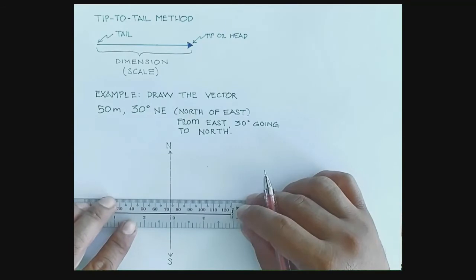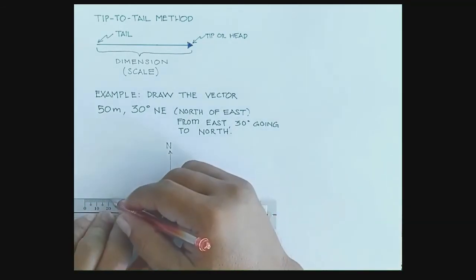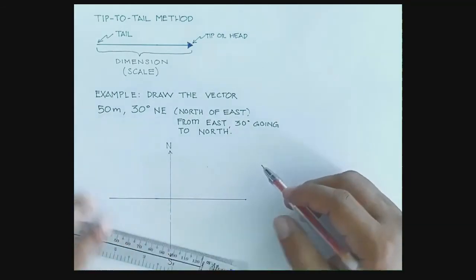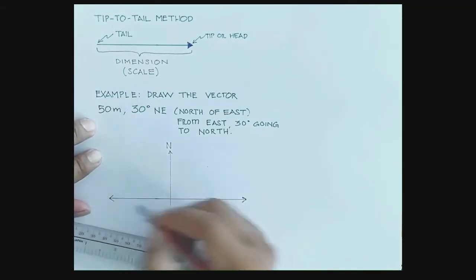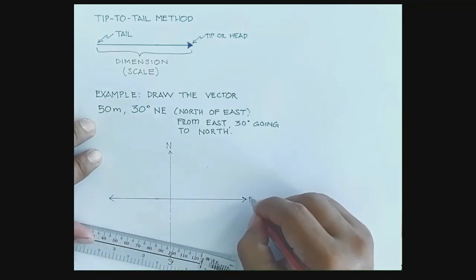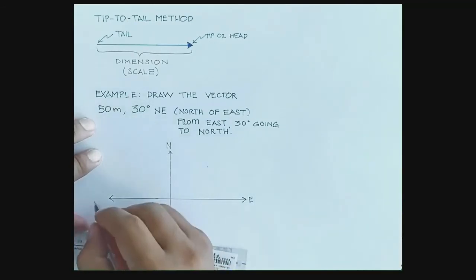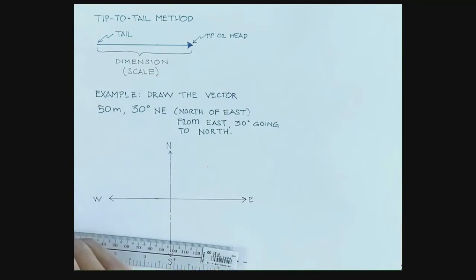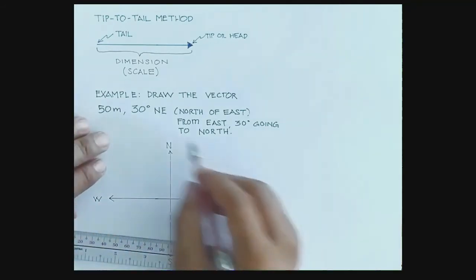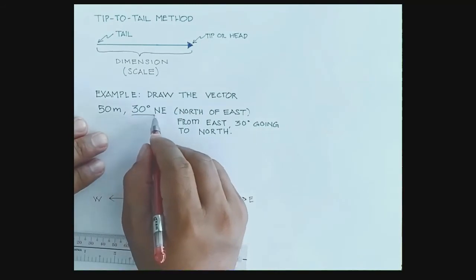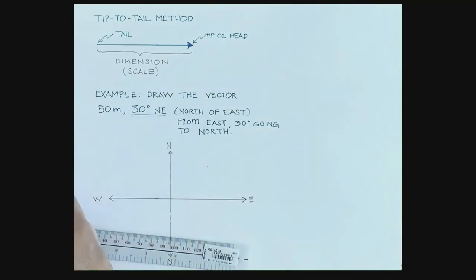We will draw a horizontal line which is called the x-axis, and of course that's the east orientation and the west orientation. Now we have to consider the 30 degrees northeast.